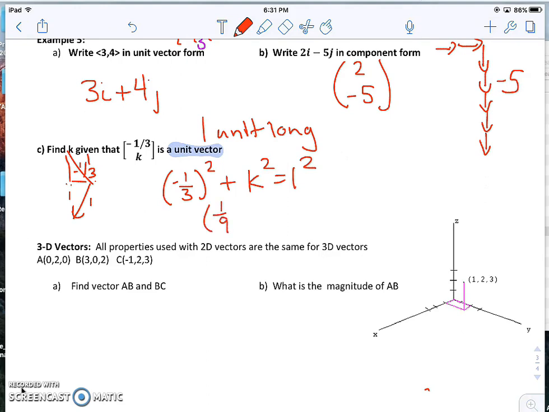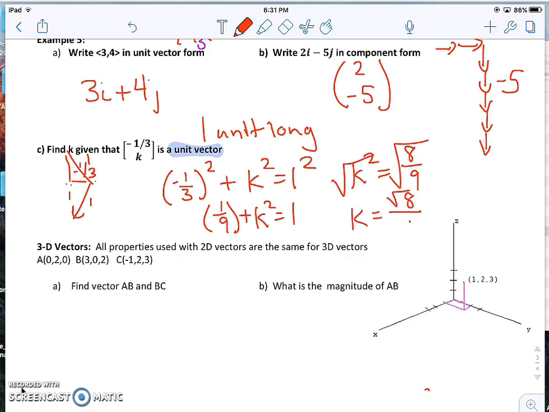So we have 1/9 plus k squared equals 1, so k squared equals 8/9. Then we take the square root, so k equals the square root of 8 over 3. Square root of 8 is the square root of 4 times the square root of 2, so 2 square root of 2 over 3.